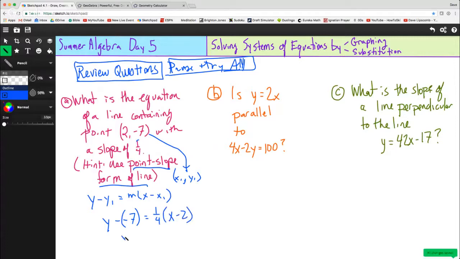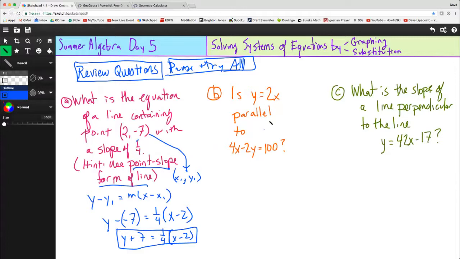This becomes y plus 7 equals 1/4 of x minus 2. If you want to rewrite it in slope-intercept form, you may do so, but it's not required.